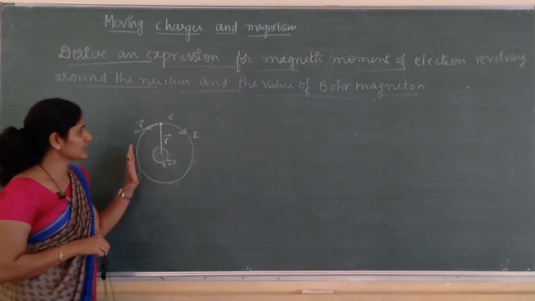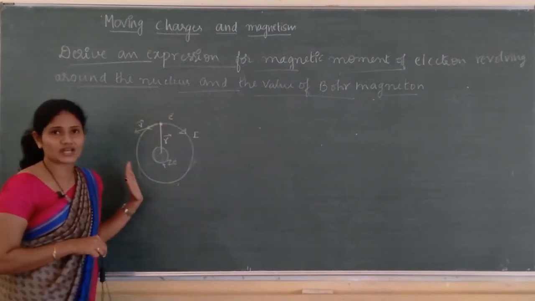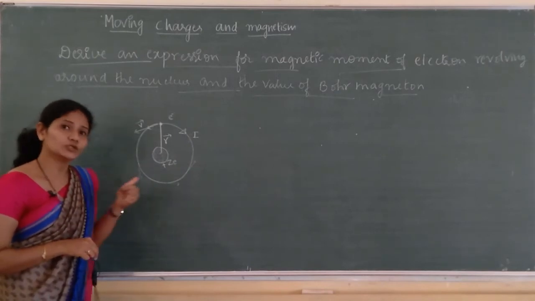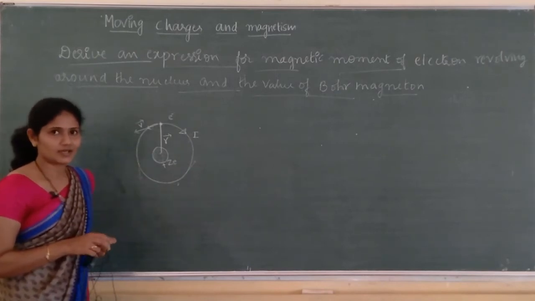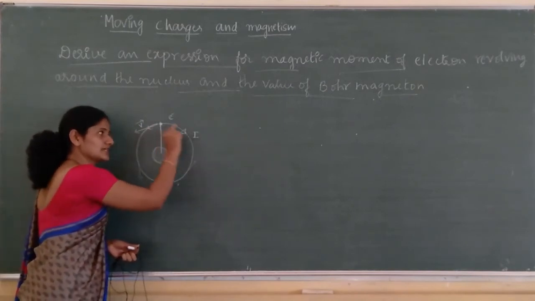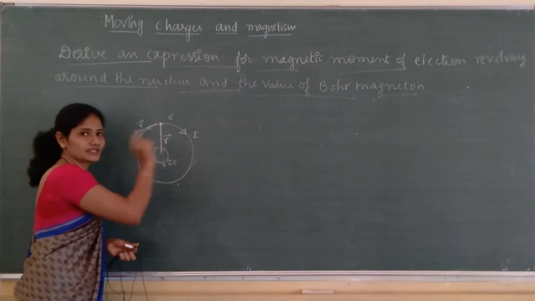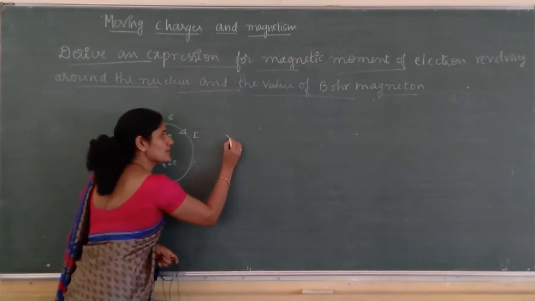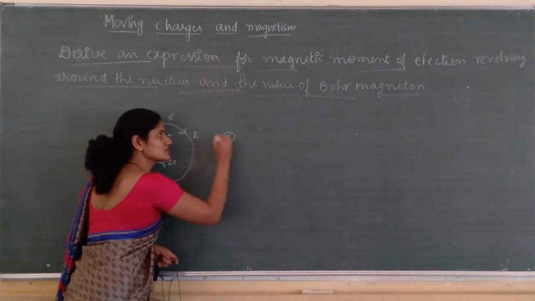We know that if current is flowing in clockwise direction, then the magnetic moment is always into the plane, right. Magnetic moment is into the plane means it is represented by a cross.